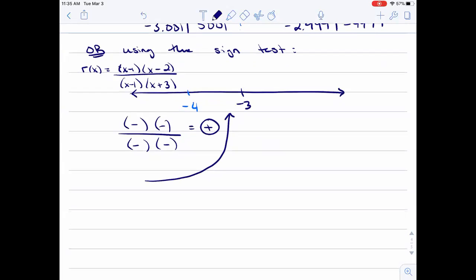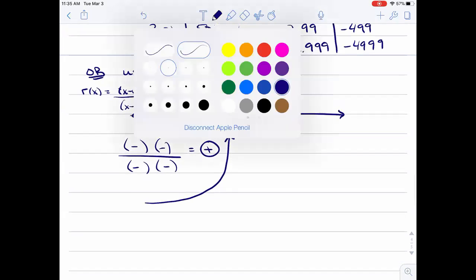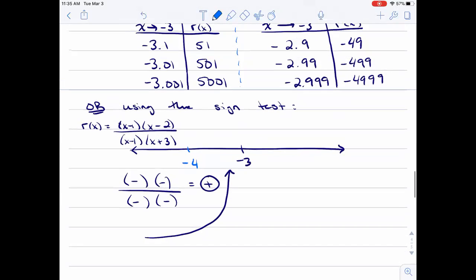Here we can do the same thing. We just pick a point because it's easier to think about actual numbers.